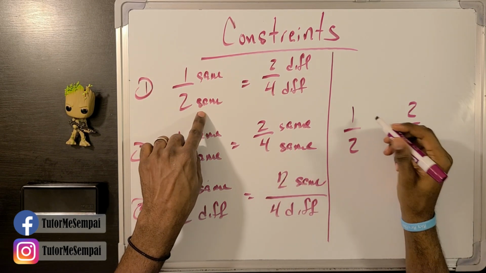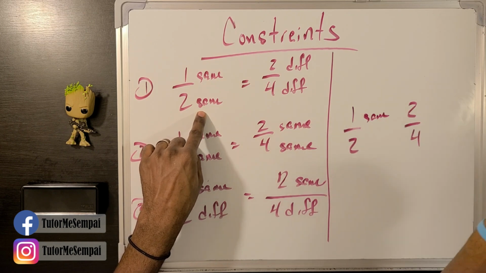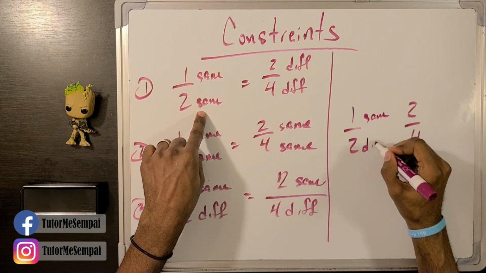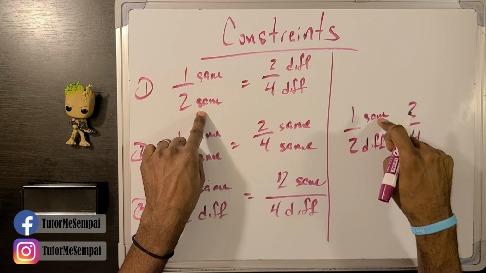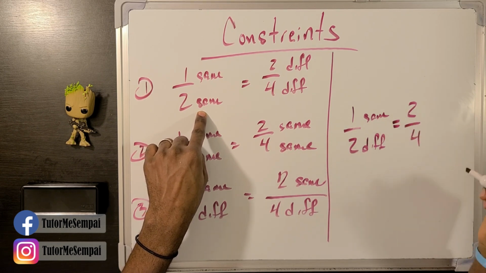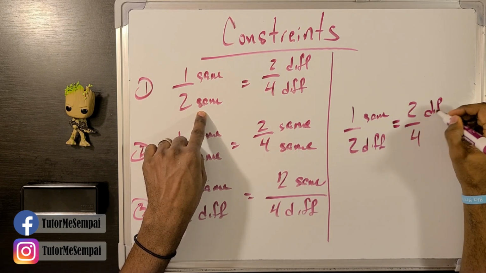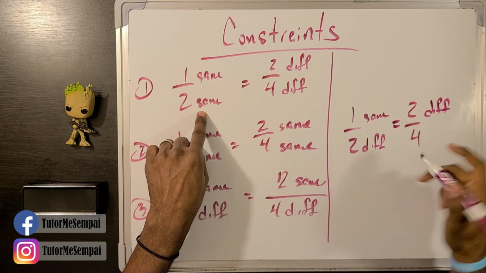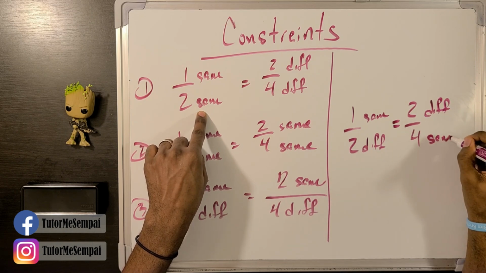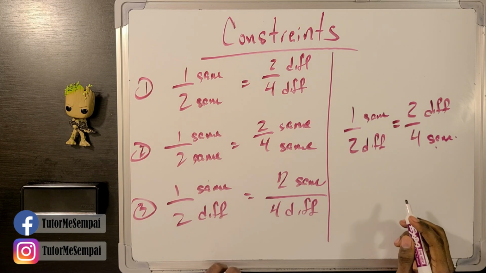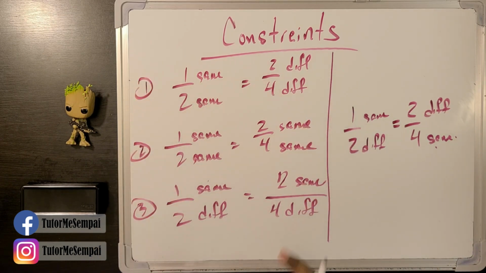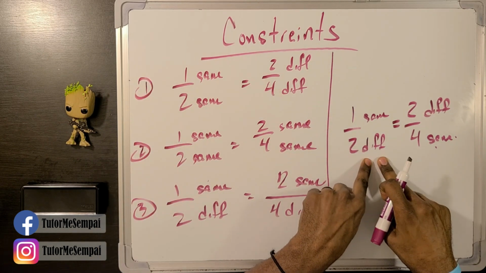So let's say you had same, whatever that unit is, and different here, right? This unit is different from that one. And we're saying that this is the same unit that's down here, and this is the same unit that's up here. This setup is not one of these three setups. So notice this different here.